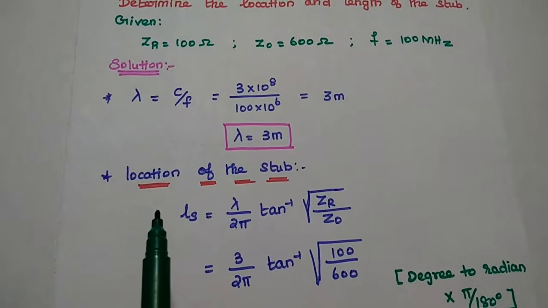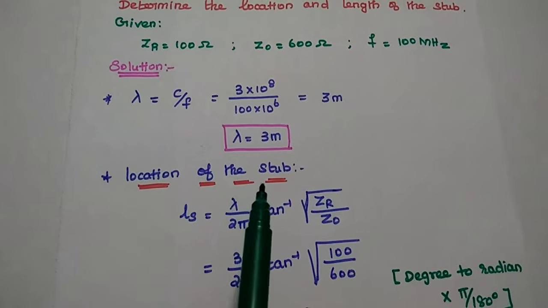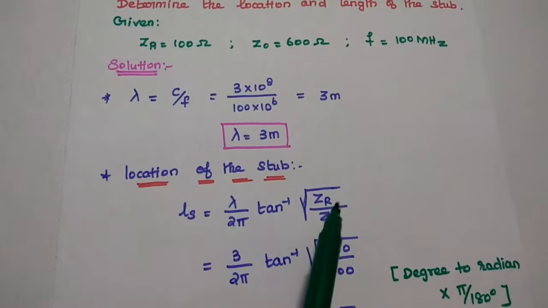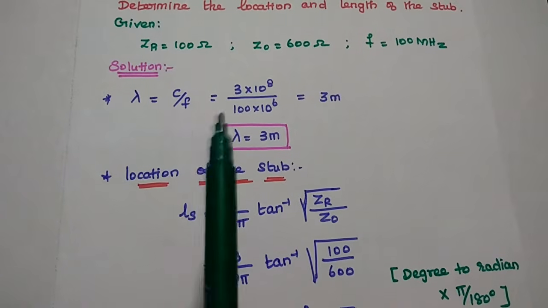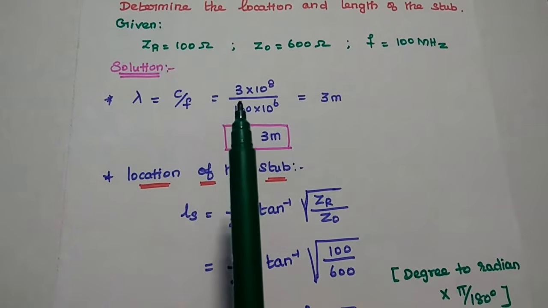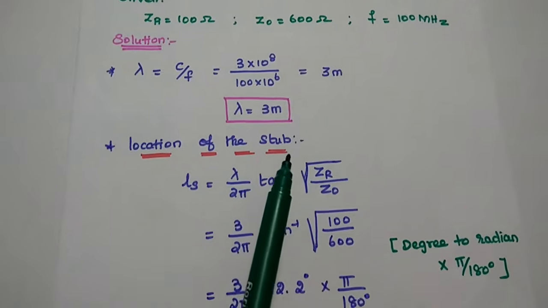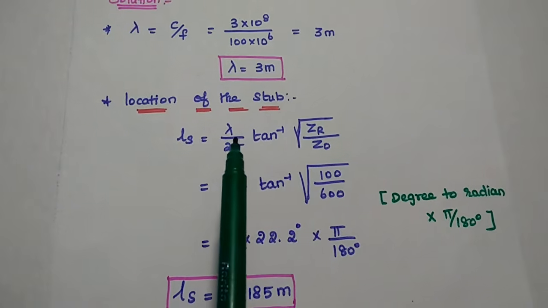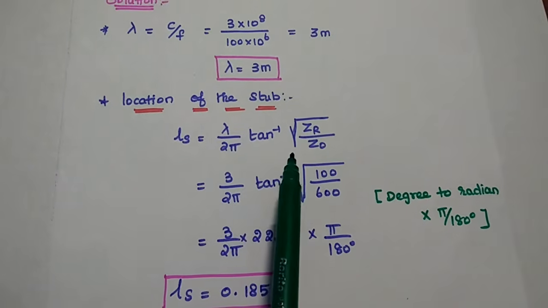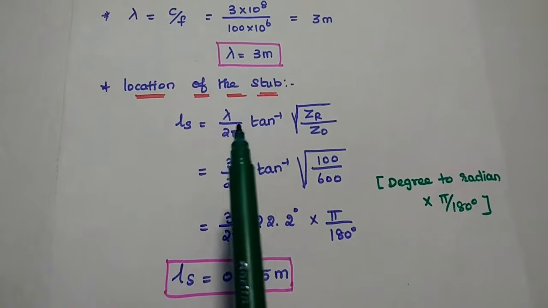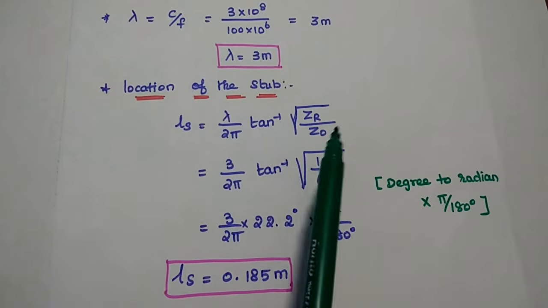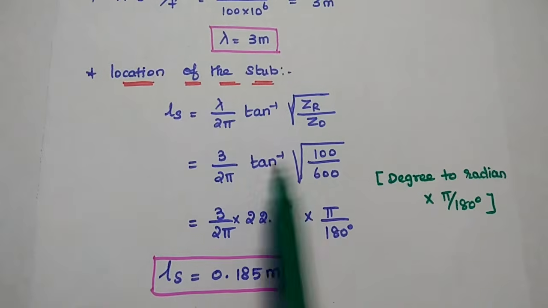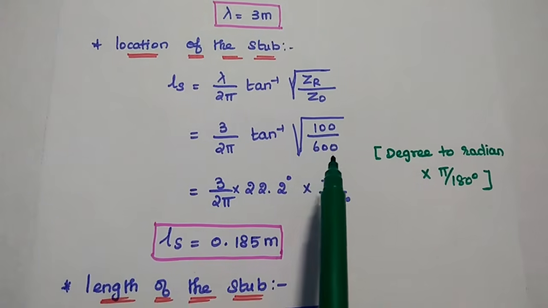Next we are going to find out the location of the stub. For that we can use the formula in terms of impedance, because the given data are only the real terms. In that case we can use this formula. The location of the stub ls is equal to lambda by 2 pi tan inverse of square root of ZR by Z0. Substitute the values of lambda, ZR, Z0 here. Then we can get 3 by 2 pi tan inverse of square root of 100 by 600.